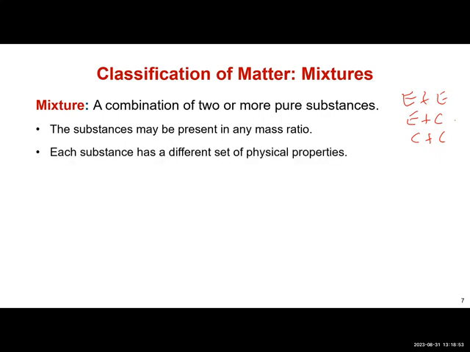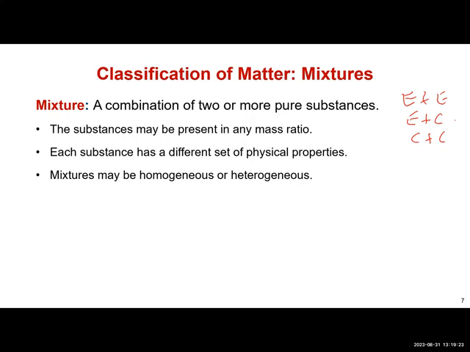Each substance has a different set of physical properties. Therefore, mixtures have properties dependent on the composition of the mixture. Since composition can be any mass ratio, the property is going to be different depending on the composition. Mixtures may be homogeneous or heterogeneous.